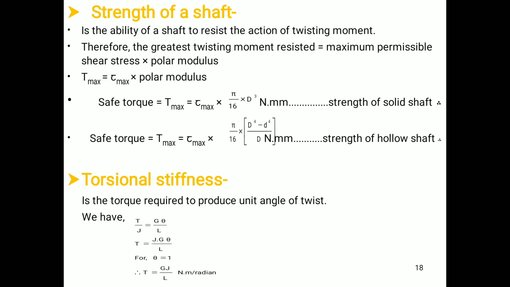Therefore, we are going to find out the value of twisting moment resisted by the shaft. The greatest twisting moment resisted by the shaft is equal to the maximum permissible shear stress into the polar modulus. So the strength of the shaft can be determined by the maximum permissible shear stress into the polar modulus.